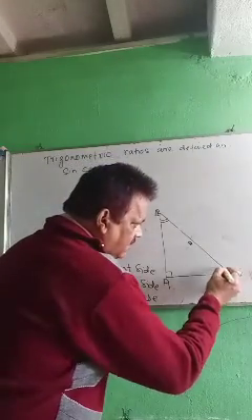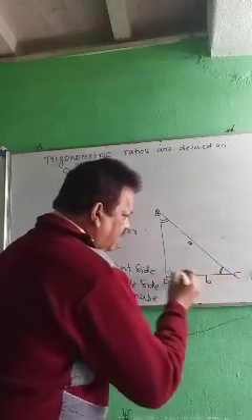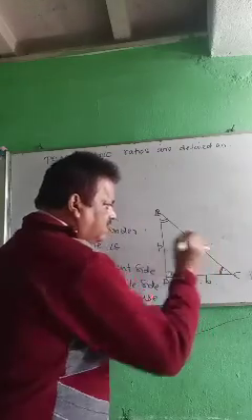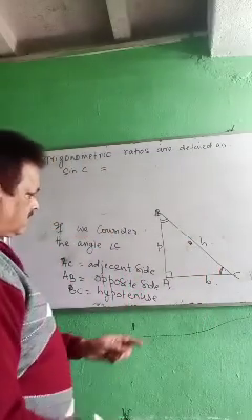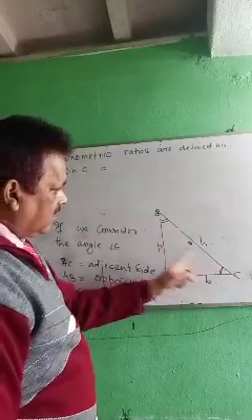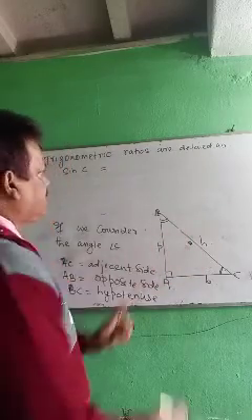If I consider this is angle C, this is your base, this is perpendicular, this is hypotenuse. So this is C का opposite by hypotenuse.